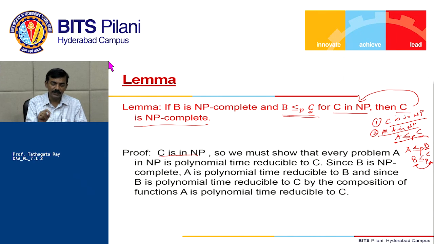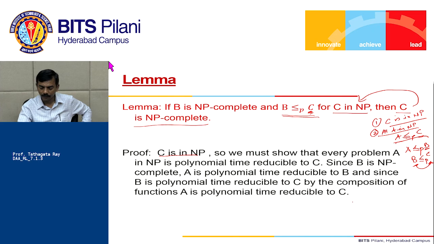Now since B is NP complete, we know that A is polynomial time reducible to B. And since B is polynomial time reducible to C, by the composition of functions, A is polynomial time reducible to C. So essentially now I have shown you that C is also NP complete, right?